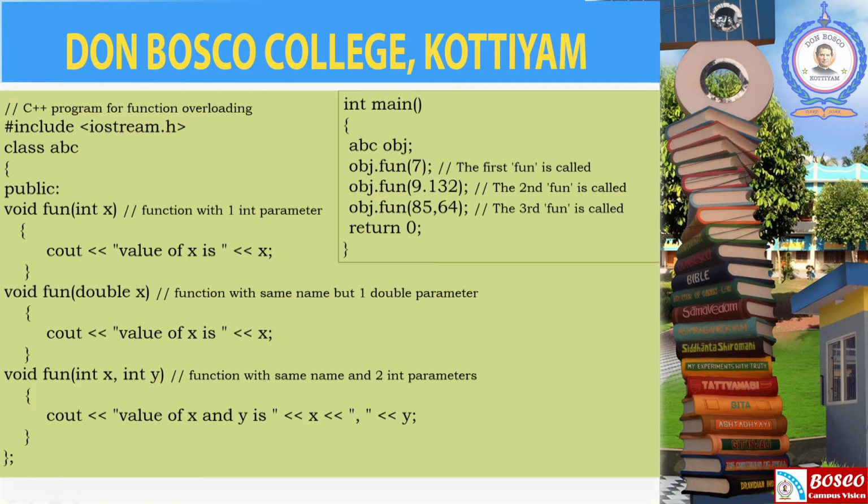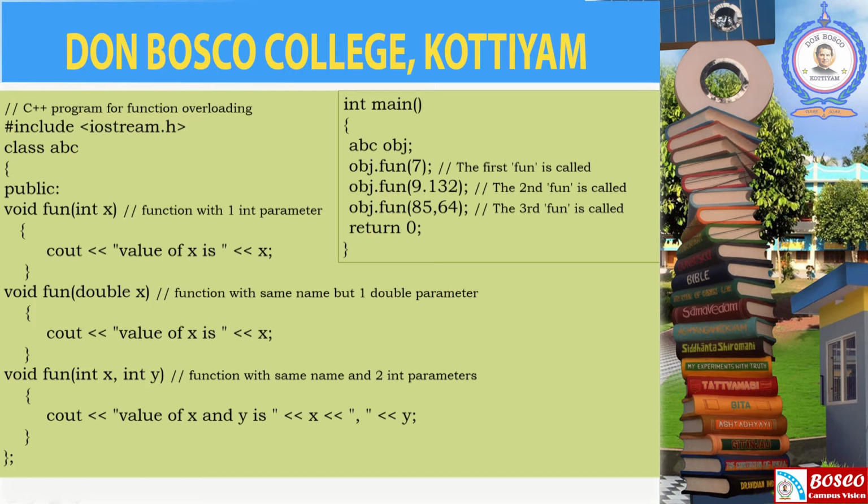That is, first one is void fun of int x, second function is void fun of double x, and third function is void fun of int x comma int y.